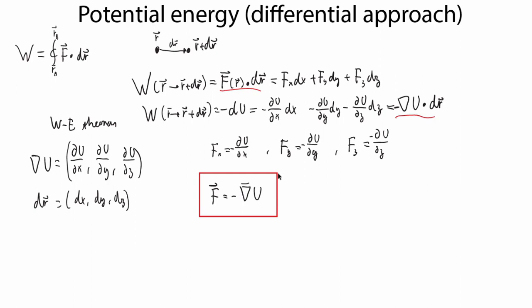This is just the extension to 3 dimensions of what you saw in physics 2305, when you were told that the force in the x direction is just minus dU/dx. This is not the same thing, but in 3 dimensions.